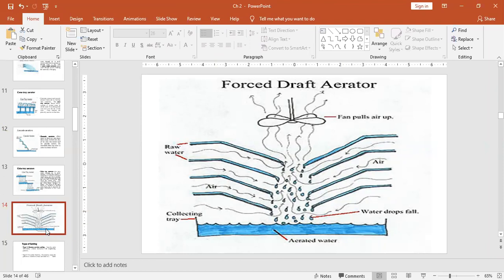After drawing the figure, I will allow you to complete the write-up which is provided aside.